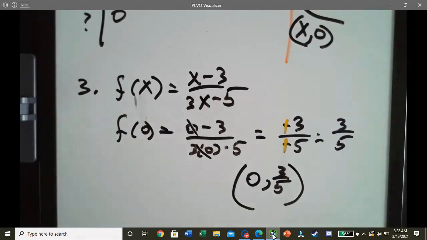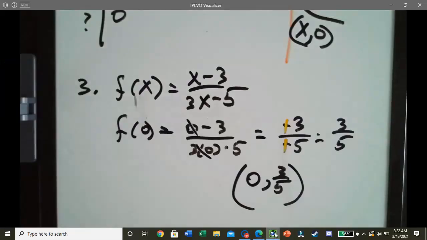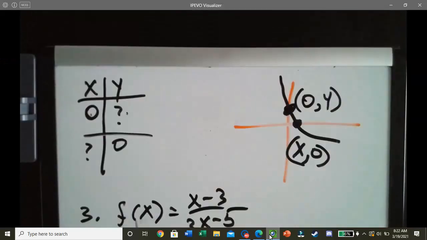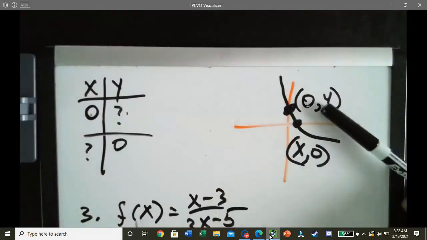All right? Questions? Okay. No, you don't have to graph. That's all they're asking for. I did the graph here to illustrate why x has to be 0 at any y-intercept. Okay?